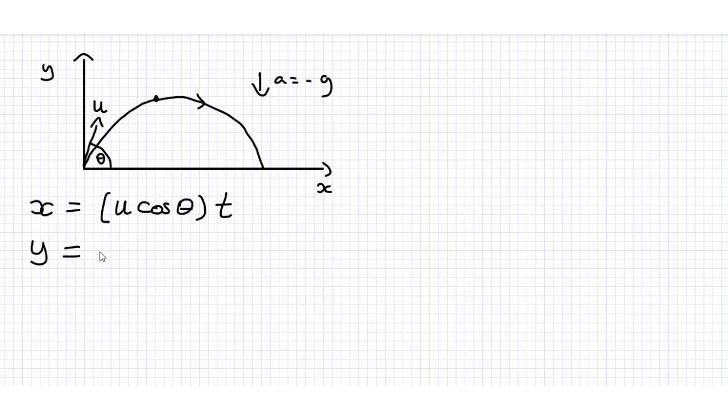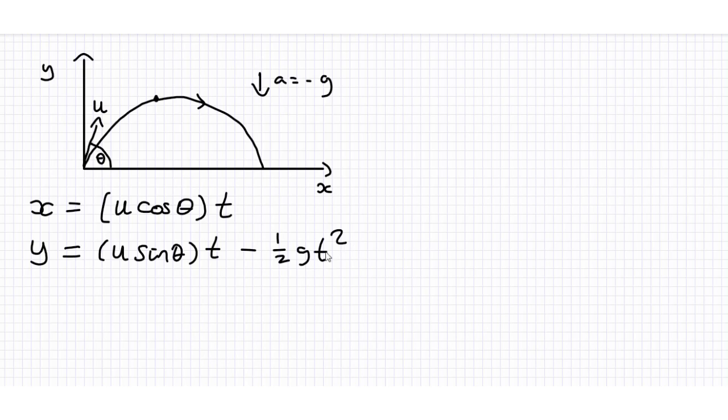Okay, so our initial velocity in the y direction is u sine theta, and again, a little bit of trigonometry, we want to move this around here, you'll be able to see that, our times t, and then we've got minus 1/2 g t squared.